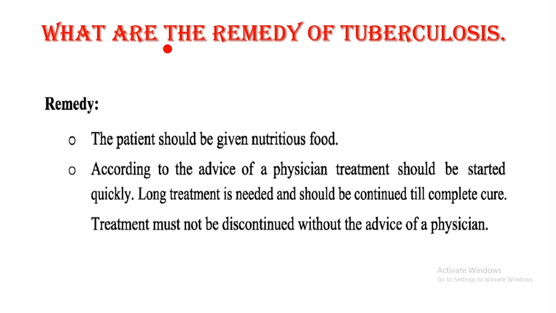We all know that good food is good for health, and nutritious food is good while you are overcoming your disease. So you can write: the patient should be given nutritious food.